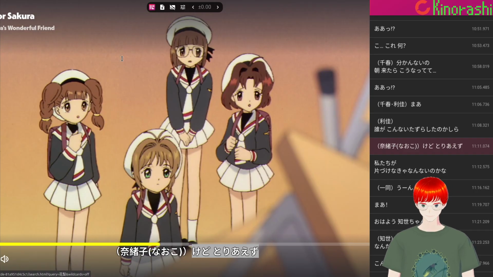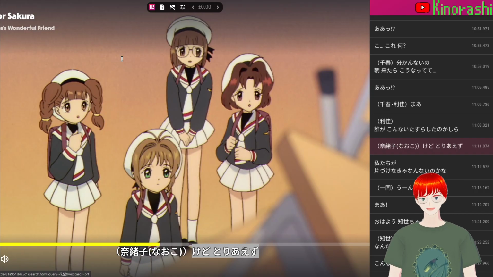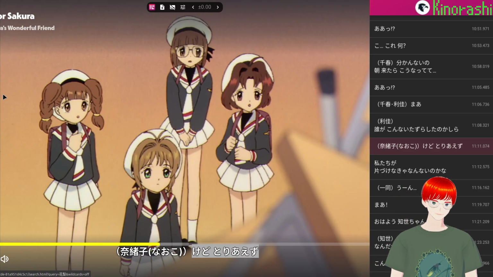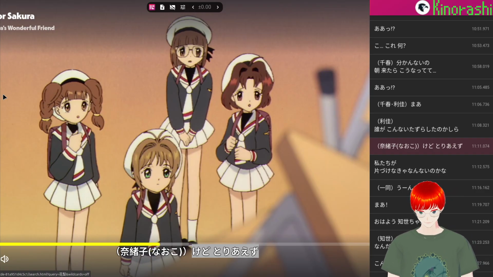Or maybe this is potential form. So aru, the ability to, the potential to not have, which comes to not have taking, essentially. Toriaezu, let's see, anyway, at least.